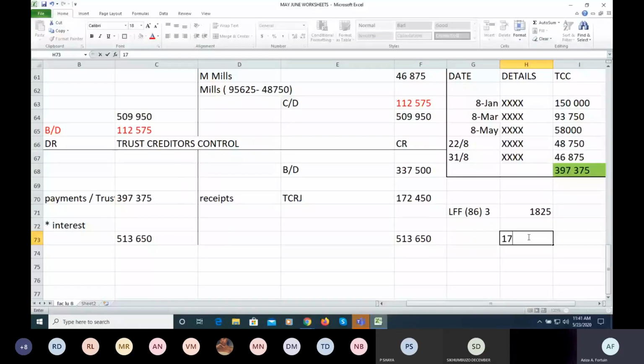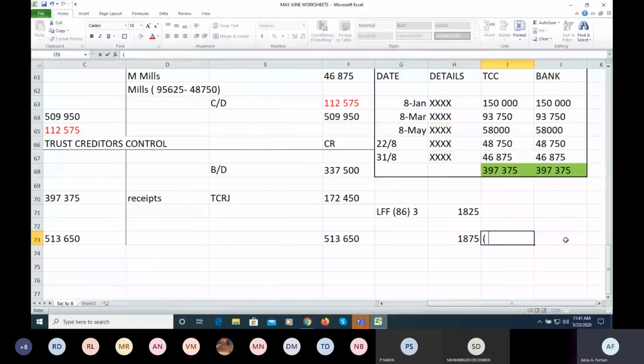Okay, which was calculated by saying, if I look at my trust creditors ledger, moles had 93,750, right? But when he reaped his investment, he received the 95,625.